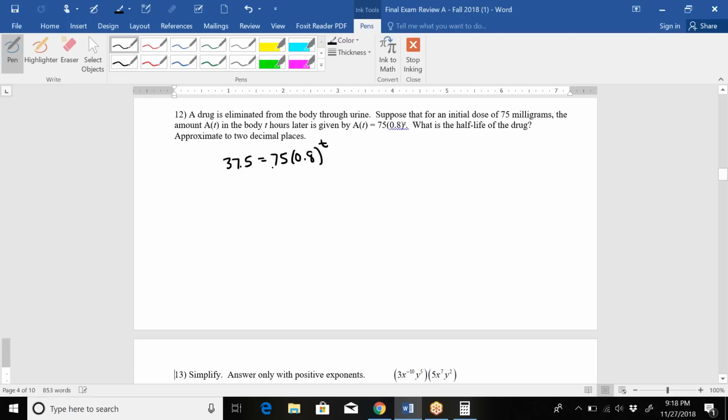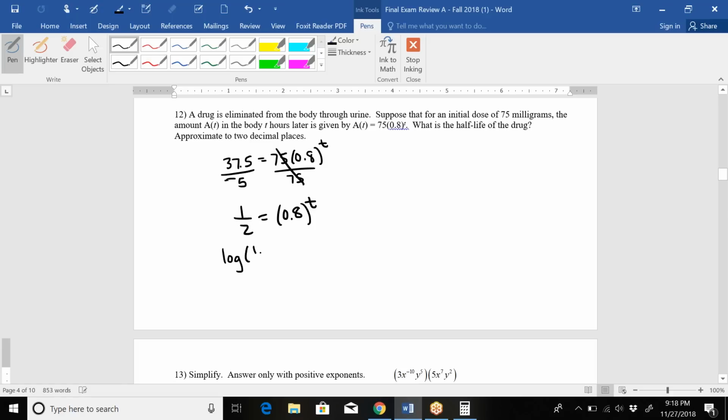Now, you'll see that this is a pattern. Anytime you have a doubling, you divide and you get a 2. Anytime you have a half-life, when you go to isolate that 0.8 to the t so that you can get rid of the t part up there in the exponent, what you're going to notice is that this is always 1/2. And that's because it's a half-life. So then it doesn't matter if you use ln or log here because there's no e base involved, but I'm just going to take log of both sides.